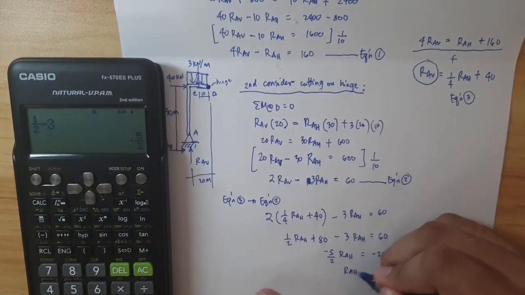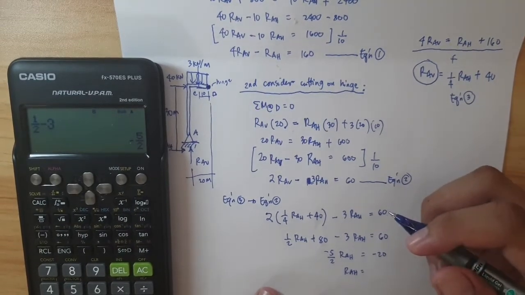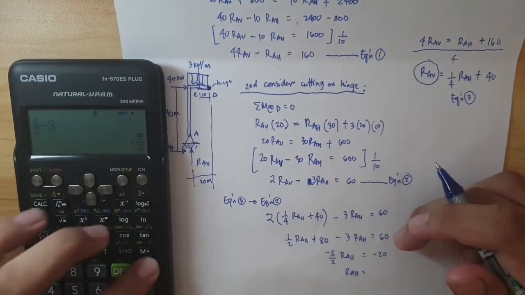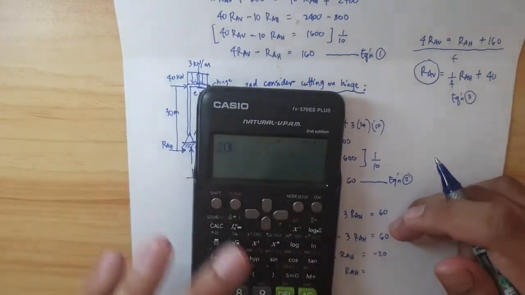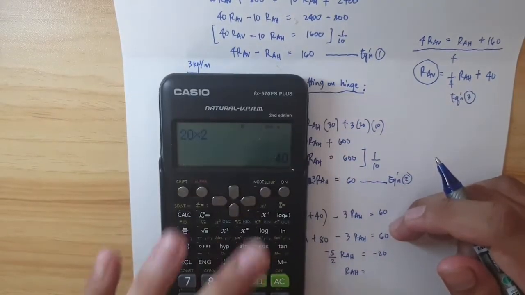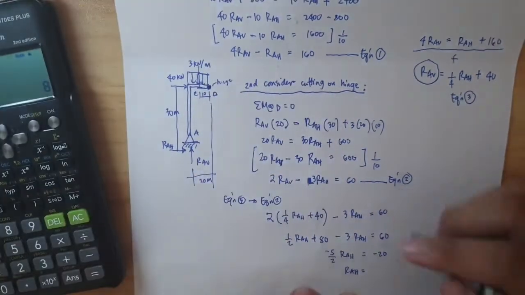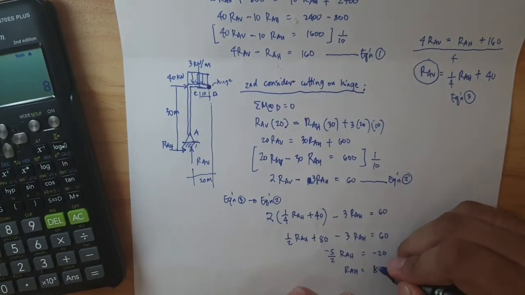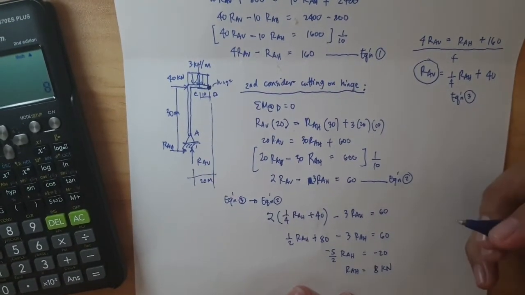Therefore, RAH is 20 times 2 divided by 5. So RAH is 8 kilonewton.